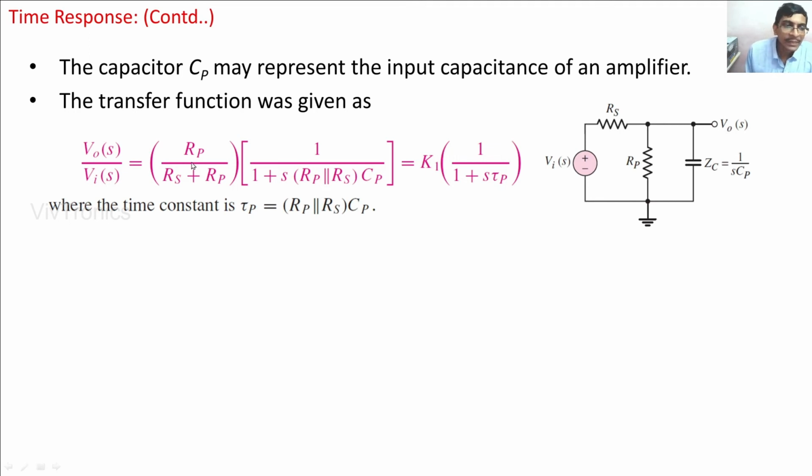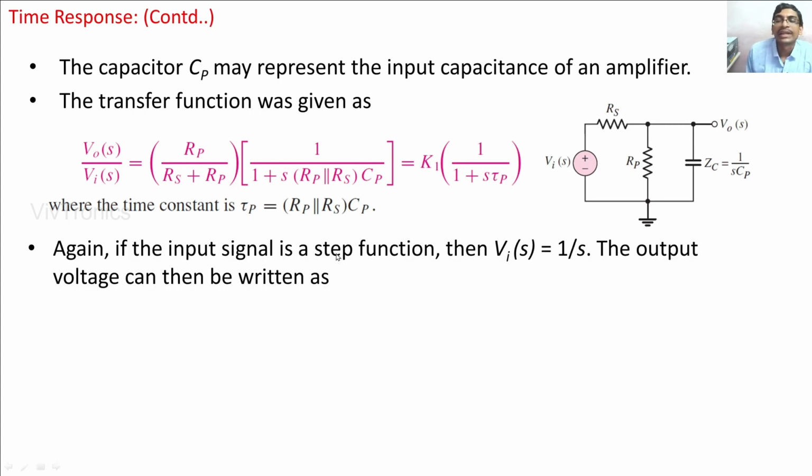And here Rp by Rs plus Rp I am taking as K1. This (Rp parallel Rs) into Cp I am taking as tau p, the time constant of the parallel circuit, which is equal to (Rp parallel Rs) into Cp. Again I am taking the input signal as a step signal, which means that Vi(s) is equal to 1 by s.